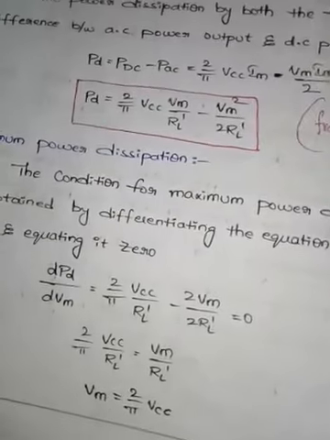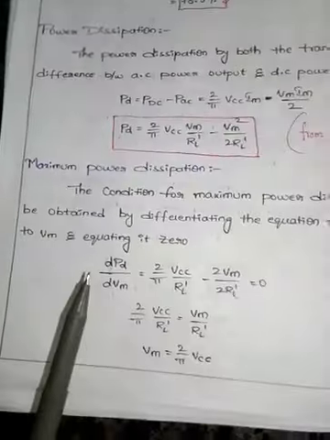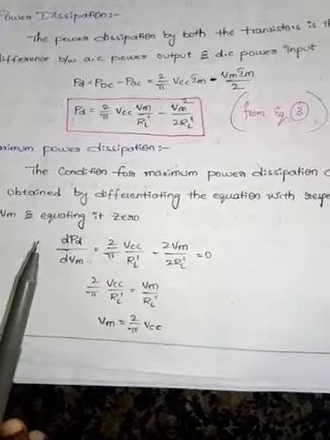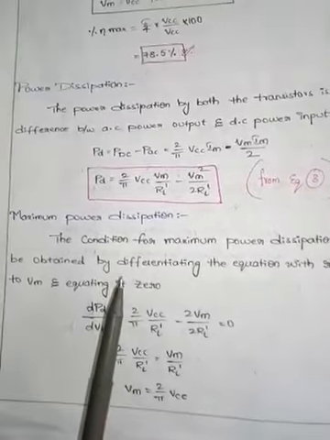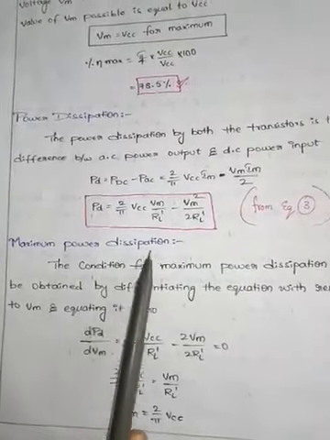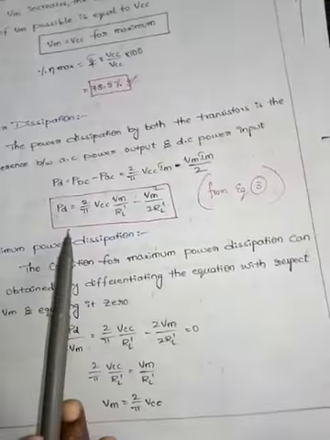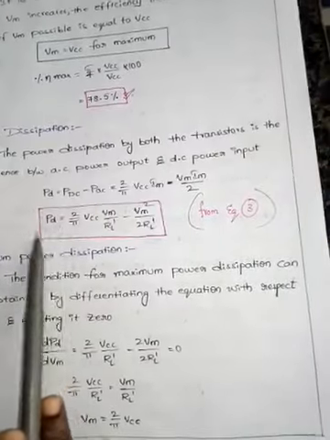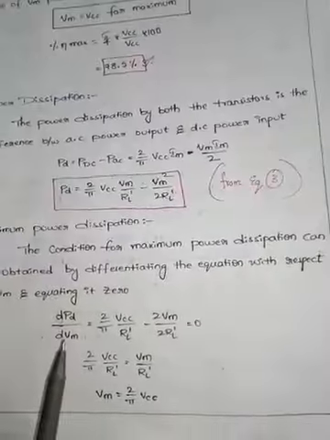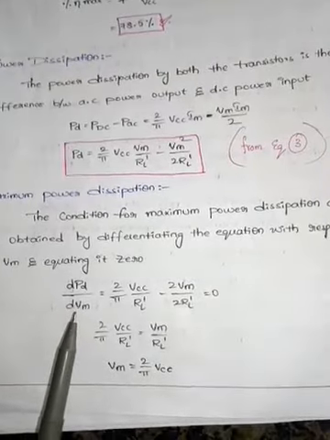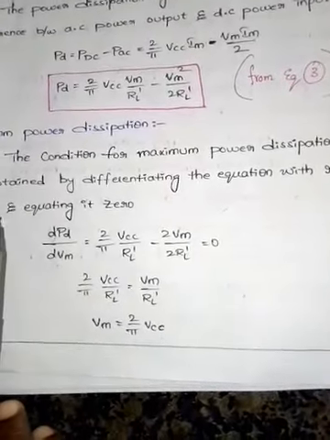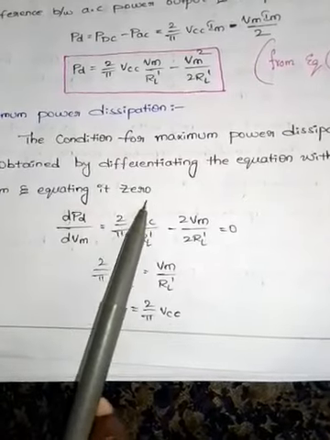Next we need to calculate the maximum power dissipation. In order to calculate it, we differentiate the above equation with respect to Vm and equate it to 0.